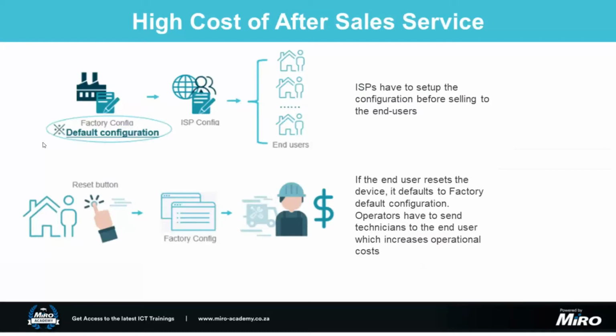Furthermore, one of the major benefits is that if an end user resets the router intentionally or unintentionally, it will always fail over to the ISP default configuration as opposed to the manufacturer default. Meaning that if the unit's reset, you're not going to have to send out a maintenance team to go and reconfigure those routers.